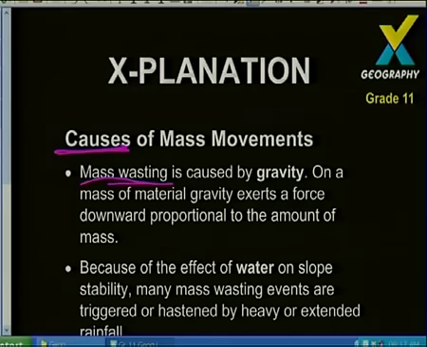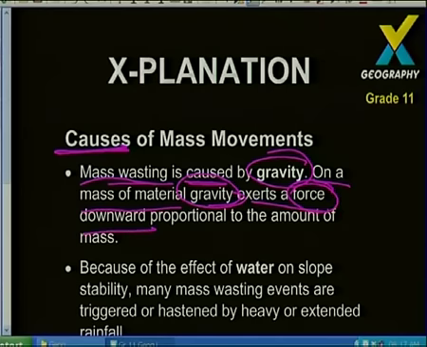Mass movements or mass wasting is caused by gravity, a key component of any mass movement. On a mass of material, gravity exerts a force downward proportional to the amount of mass. Again, when we're referring to the mass, we're talking about the soil movement.